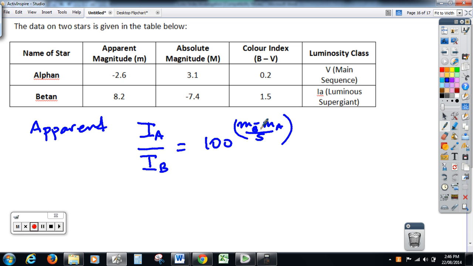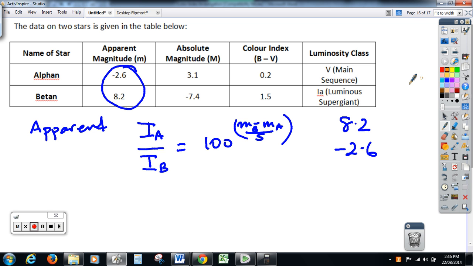Now, I like using this formula in a different way. I just try to work out this part up here. Let's compare the brightnesses between Alpha and Beta. The two values that we're going to look at are 8.2 and negative 2.6.